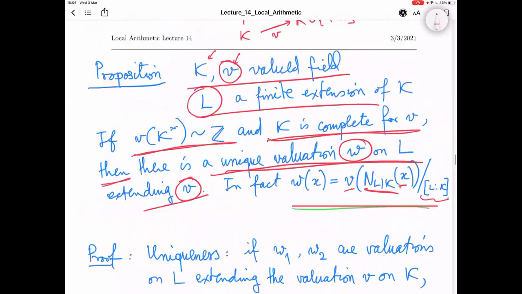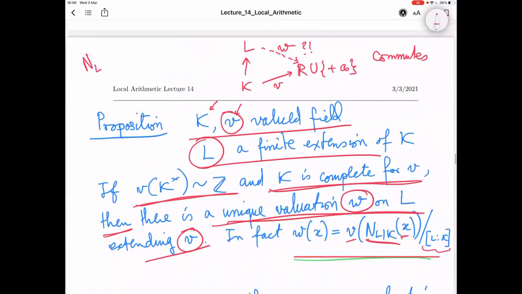Now this norm L over K is a map from L to K, which I remember was explained in one of the tutorials. And one of the basic properties is that the norm of a product is the product of the norms, right?